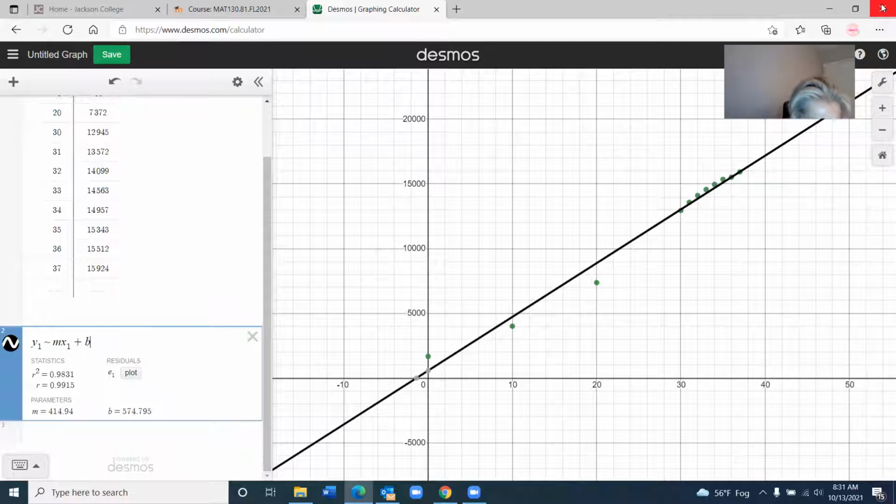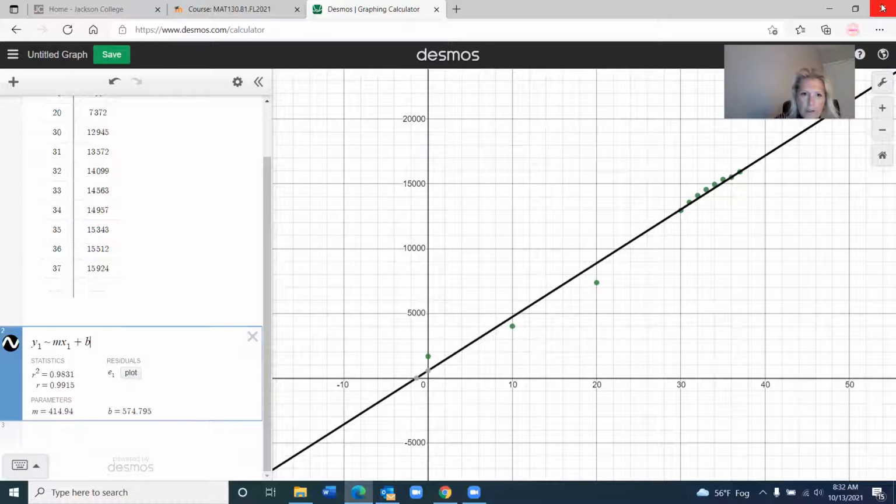It says R equals 0.9915, which is very close to 1. So it is a good fit. So at this point, it looks like linear model is a very good fit.